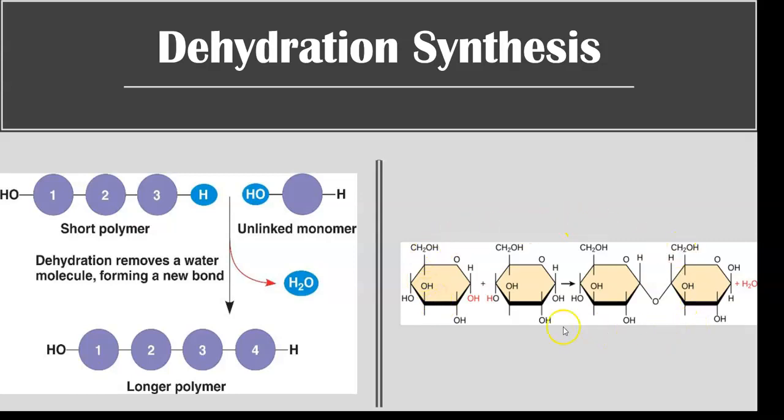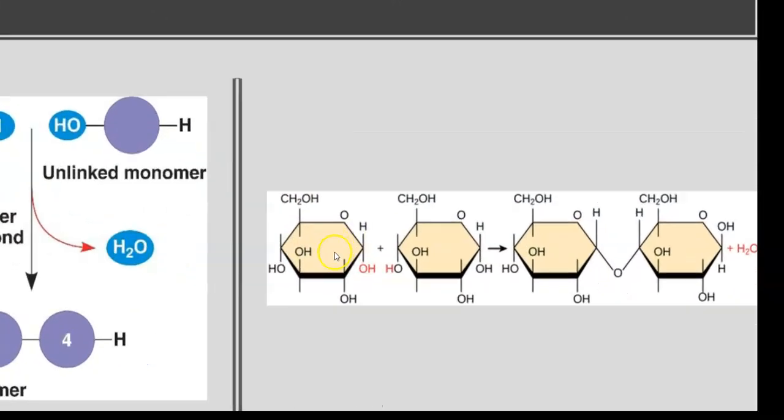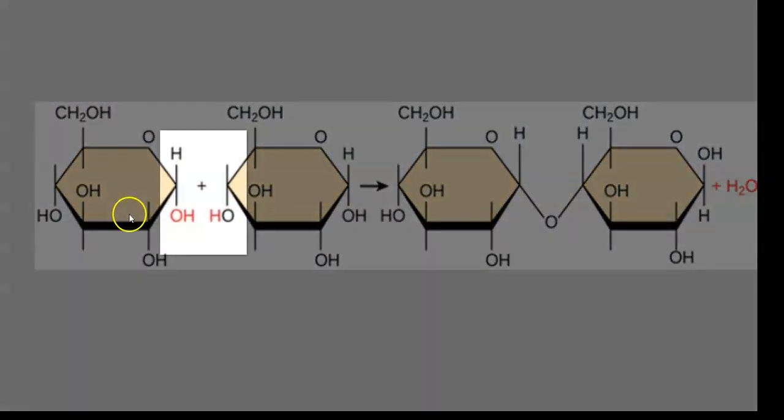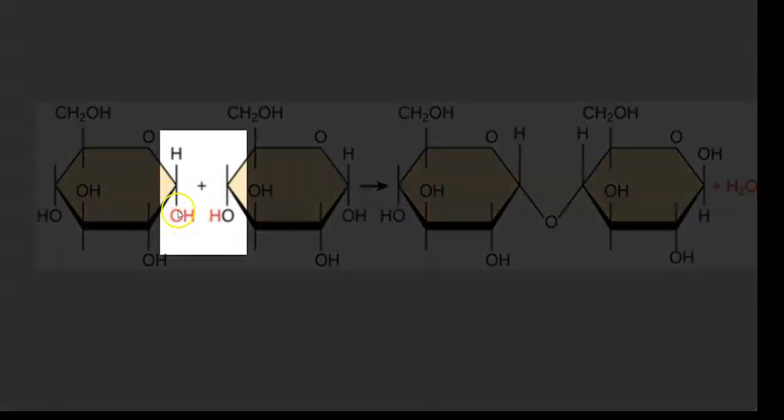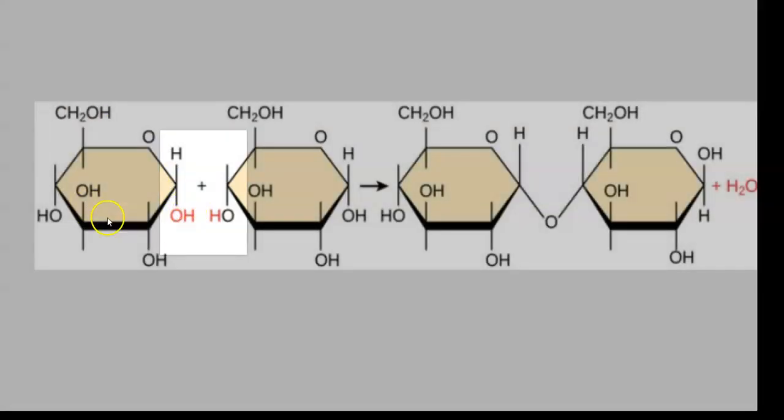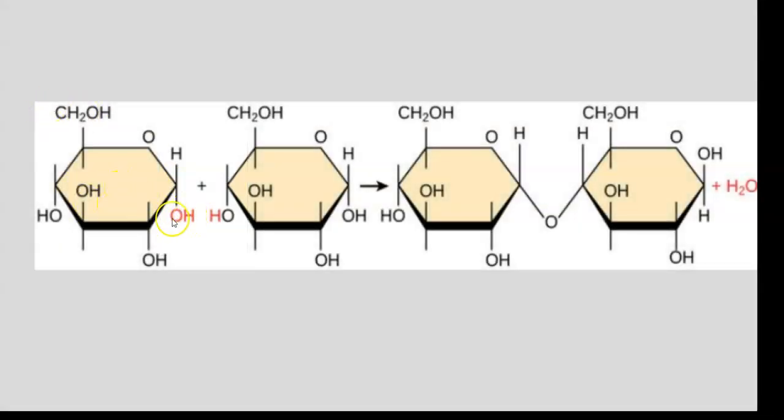So here it's illustrated with some monosaccharides. You don't have to pay attention to all this craziness going on. Let's just look here at what's in the red. So here on this monosaccharide, we see the hydroxyl group that's highlighted for us in red. And we have another monosaccharide, so that's the plus sign there.